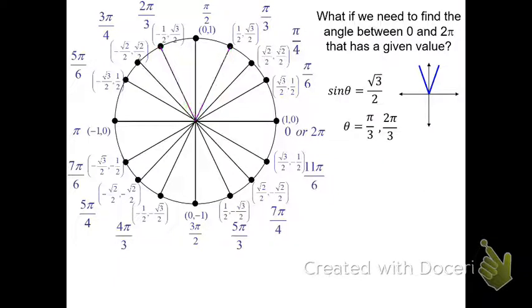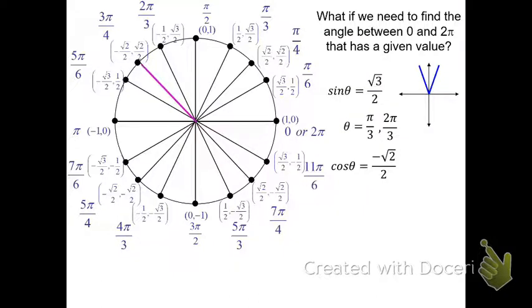Let's try another example. Let's try and find the angles where the cosine value of theta is negative root 2 over 2. Well, cosine is x. Where is x negative? There's two places on the unit circle where you have a negative root 2 over 2 for x. And it's going to be on the left of the circle because that is where x is negative.